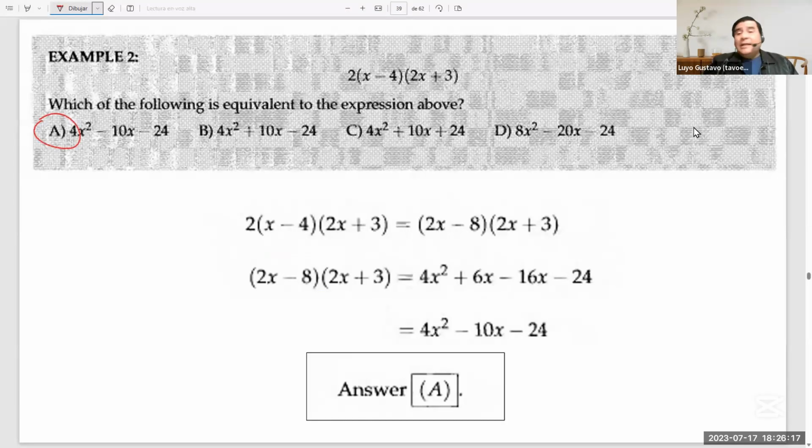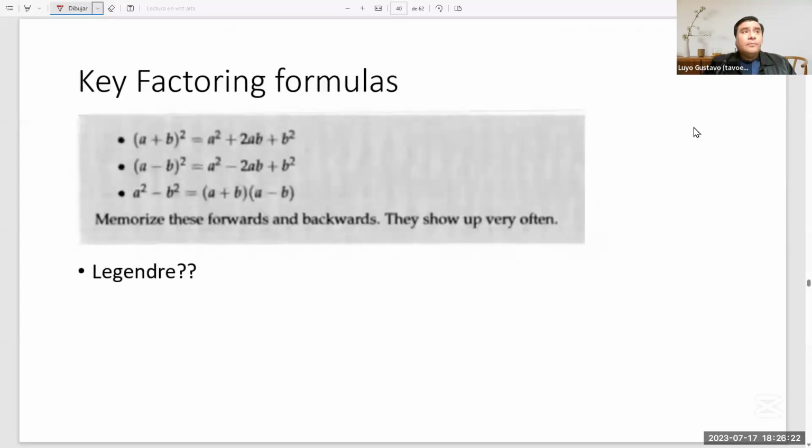All right, let's move to example 3. But before this, remember that in algebra, it's very important to master some key factoring formulas, right? That is to say, some identities or equivalences that always work.